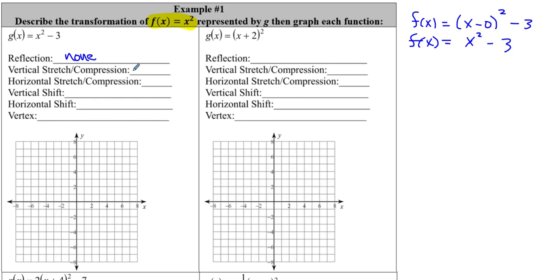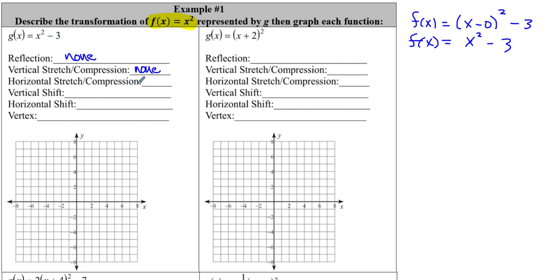This one looks like it is only a 1, so this tells me there is no vertical stretch or compression. Now with the horizontal stretch or compression, I would need to see something inside of that parentheses, like we would have in this example here. There's a set of parentheses in vertex form.